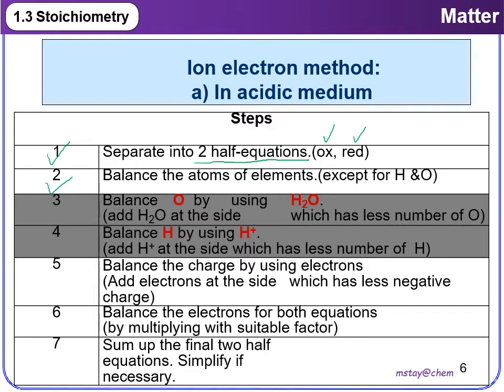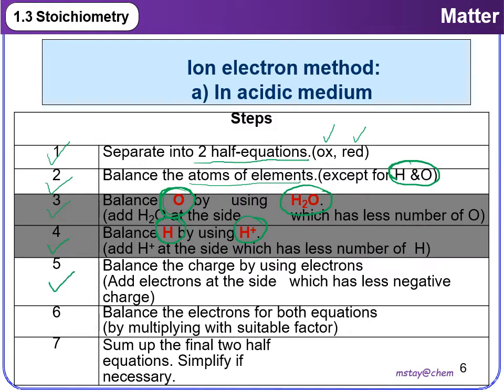Second, balance all the other elements except hydrogen and oxygen. Third, balance oxygen by adding H2O. Step number 4, after balancing oxygen, balance hydrogen using H+.